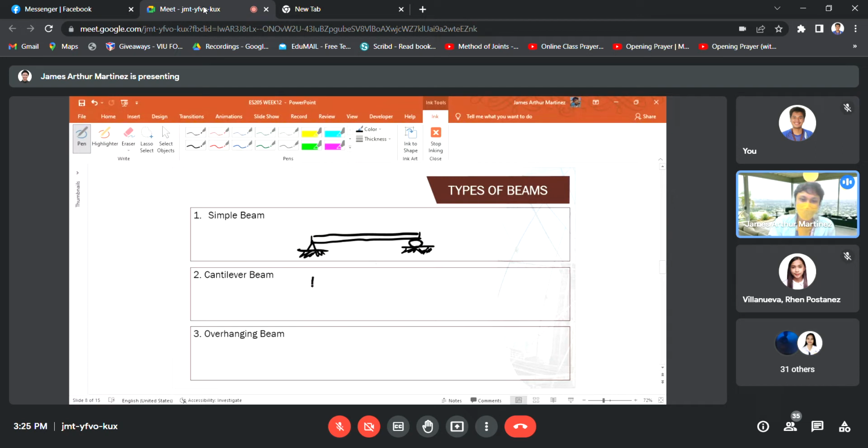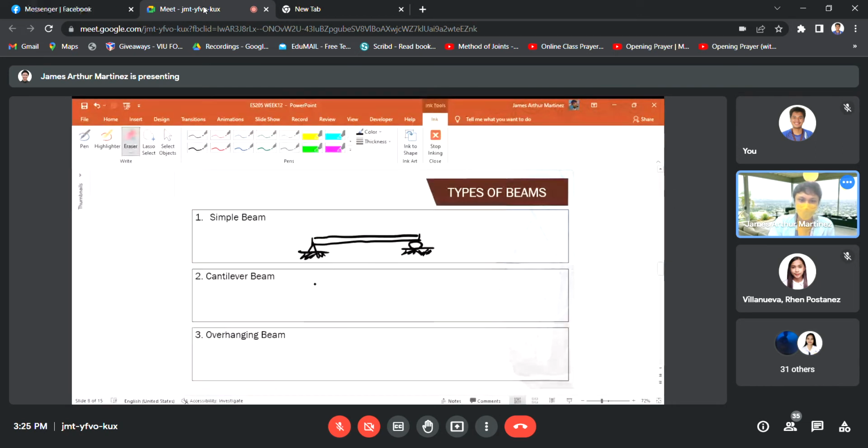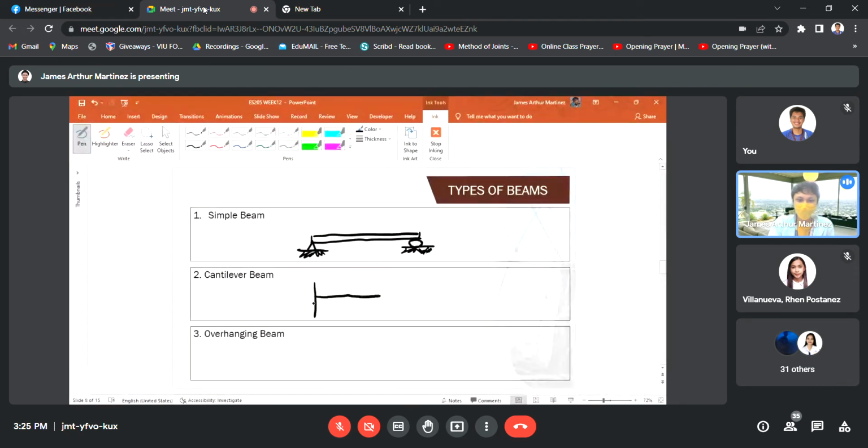So cantilever beam. In a cantilever beam, class, we have, for example, the beam and this is the surface or wall. For cantilever beams, fixed support is used.